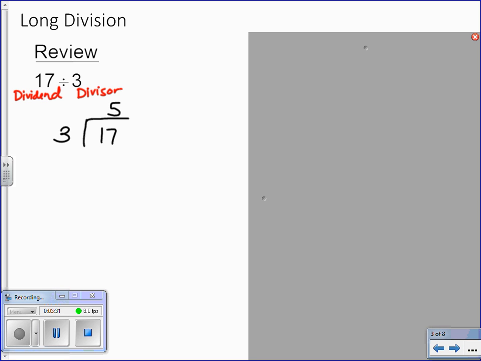What do you do with that 5 at the top? Multiply it by the divisor, which is 3. Thanks, Sierra. So we're going to do 5 times 3. I'm going to write my work off to the side right here. 5 times 3 is 15. And then what do you do next? Subtract.